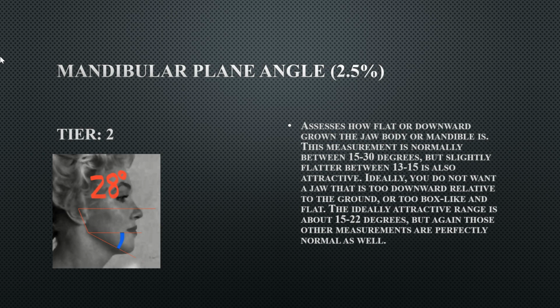But like I said again, you can have a mandible that is downswung. Everybody's mandible is downswung to a certain degree. Don't get that mistaken. Everybody has a downswung mandible. But if it's too downswung, I'm talking about getting closer to 30 degrees of an angle, or even past 35. I've seen that a couple of times.